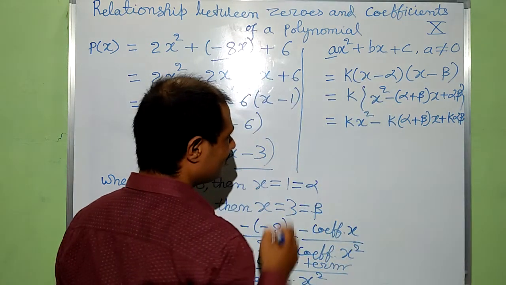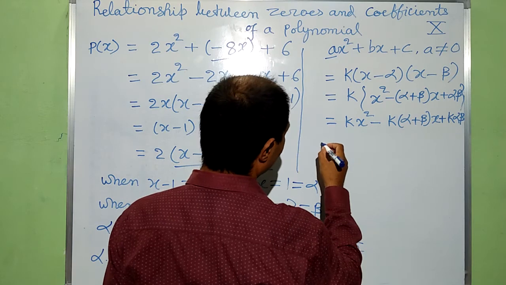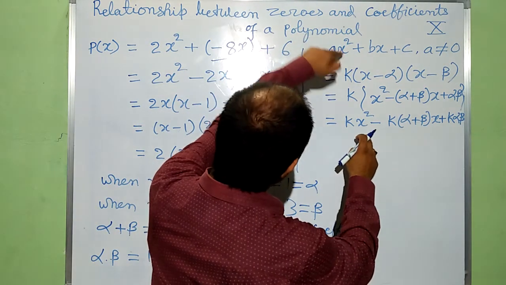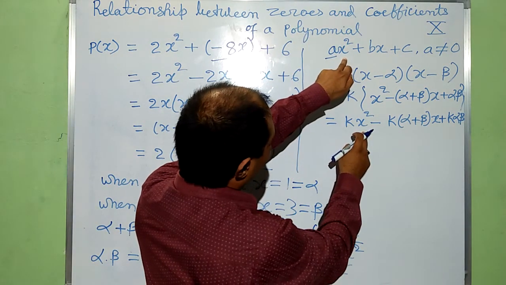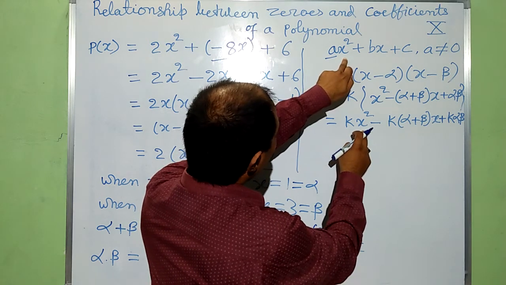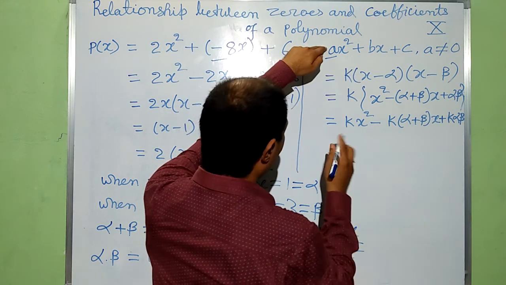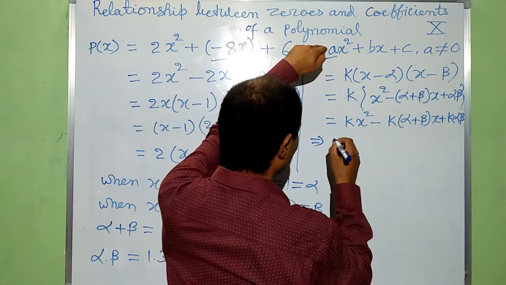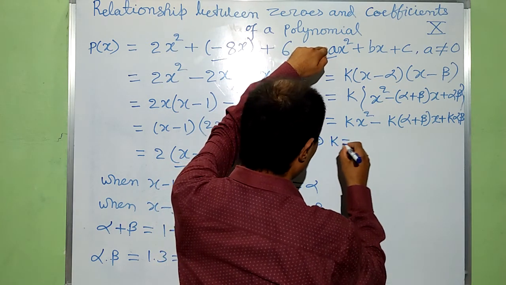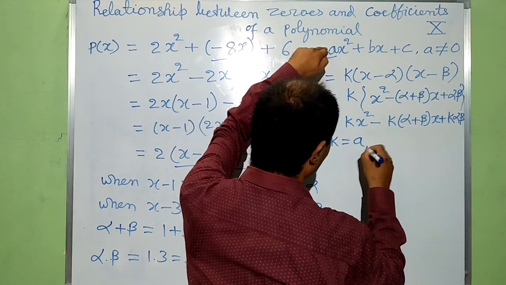Now x square coefficients are the same, so a will be equal to k, which implies that k is equal to a.